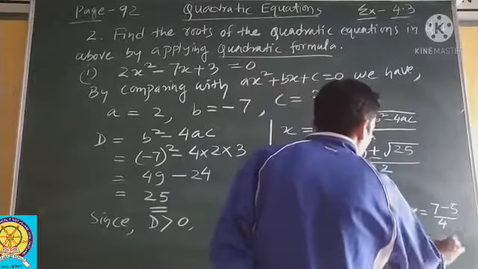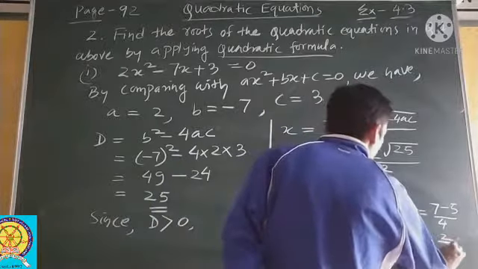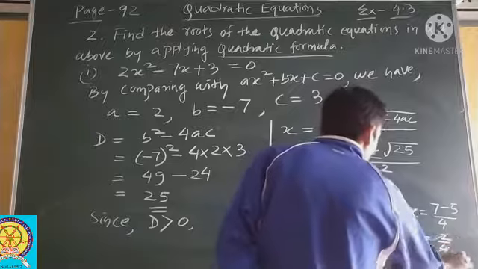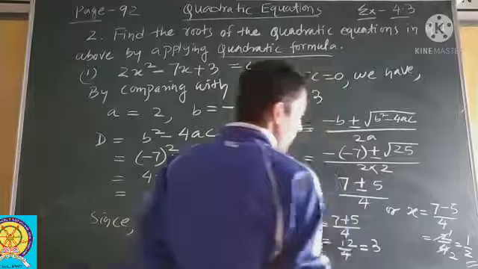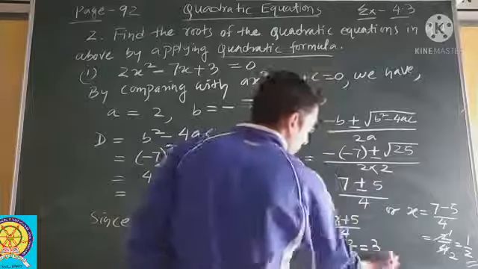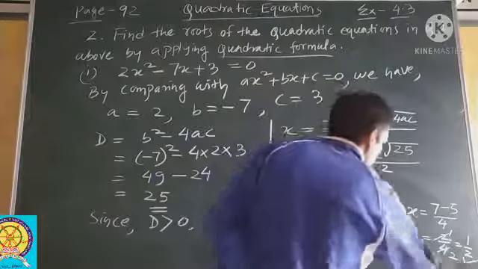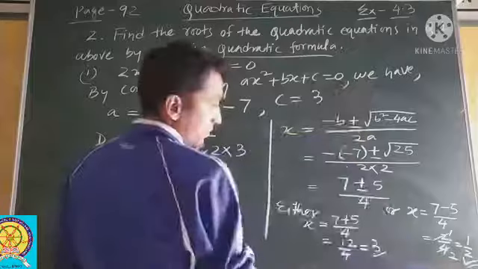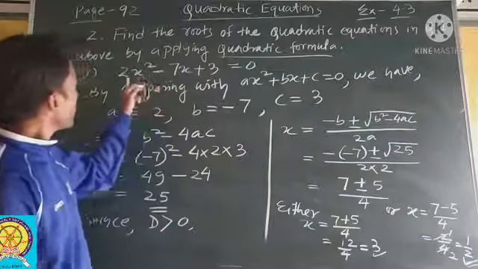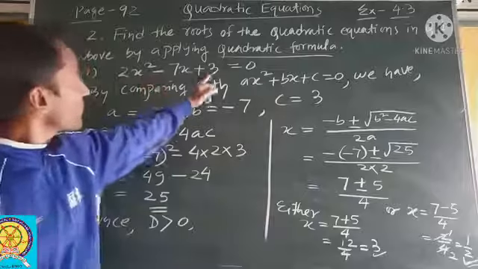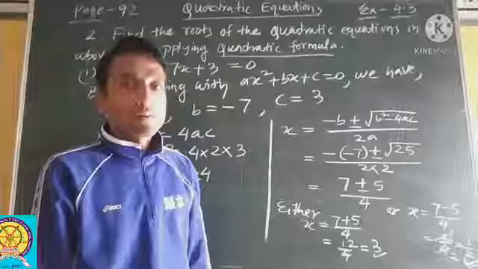So 7 minus 5 is 2 by 4. We know 2 to the 4, so the next value is 1 by 2. So one root we get is 3 and another root we get is 1 by 2. So these are the roots of this quadratic equation 2x square minus 7x plus 3 equals 0. Thank you.